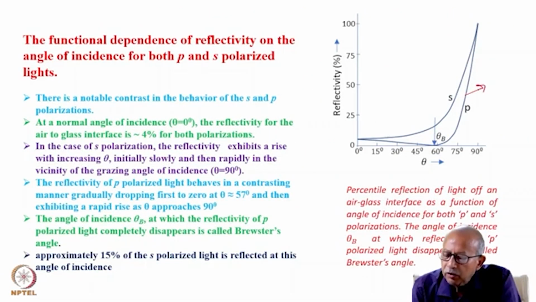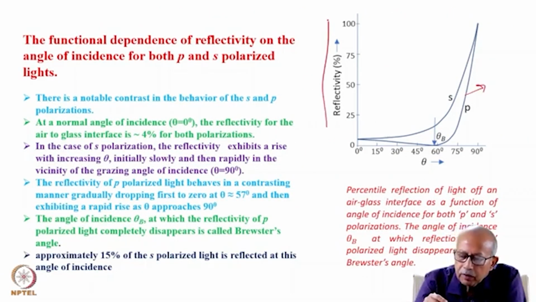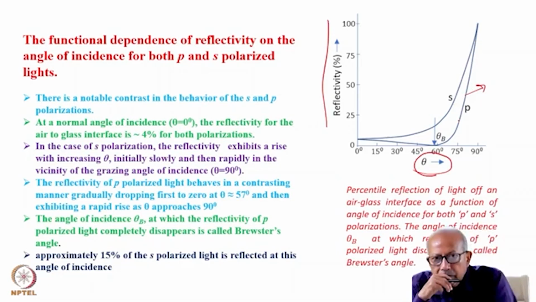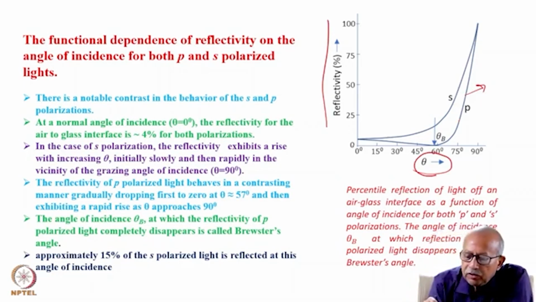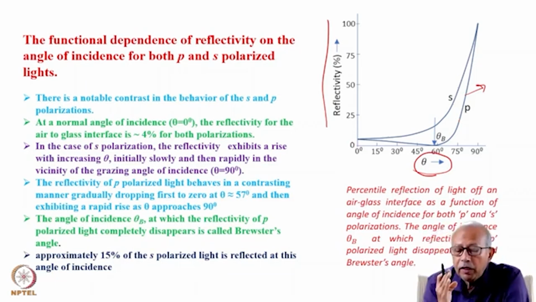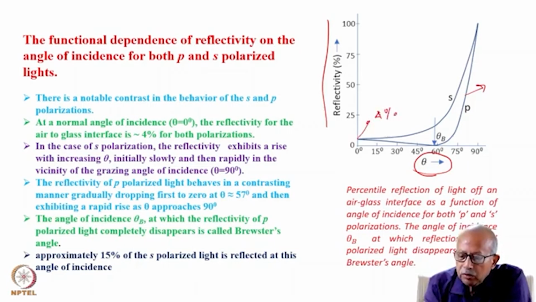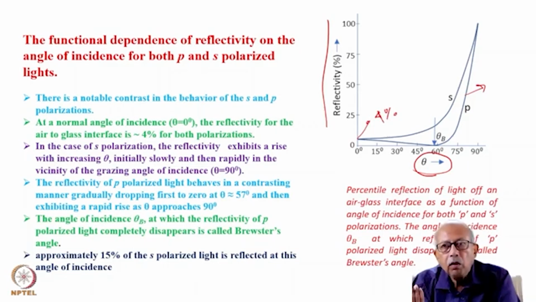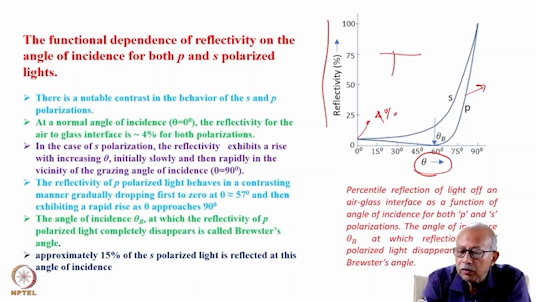It would be saying that at zero angle of incidence, the normal angle of incidence, the reflection is about 4%. This is the value which you already know for air-glass interface. The reflection at normal angle of incidence is 4%.